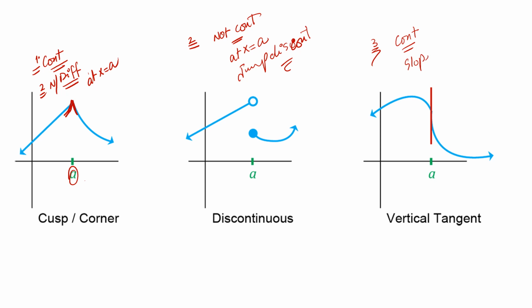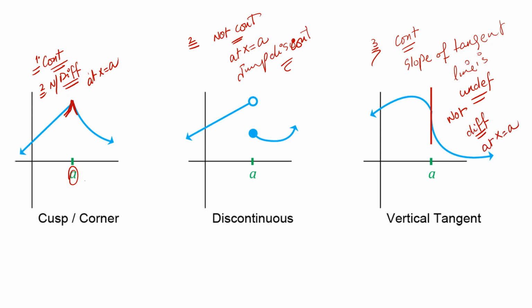And the slope of the tangent line means what? The derivative. So the derivative is undefined. If the derivative is undefined, how could the function be differentiable? So you can say that the function is not differentiable at x equals a.